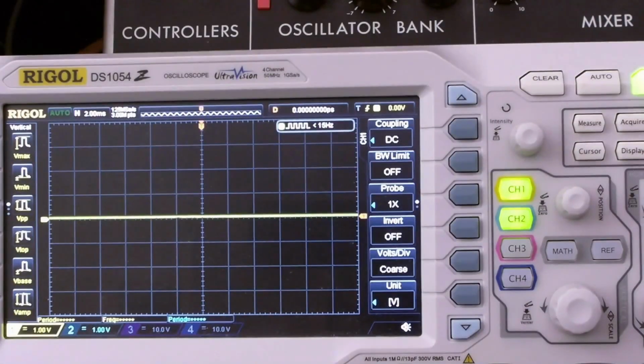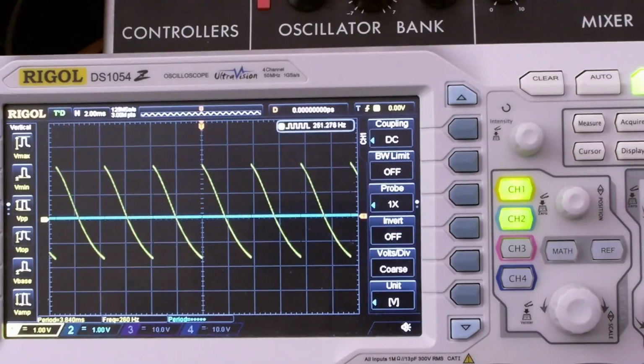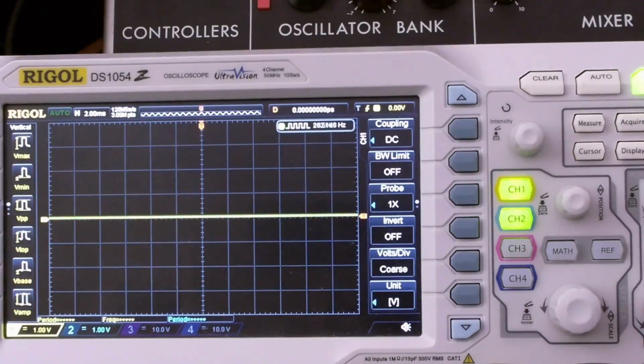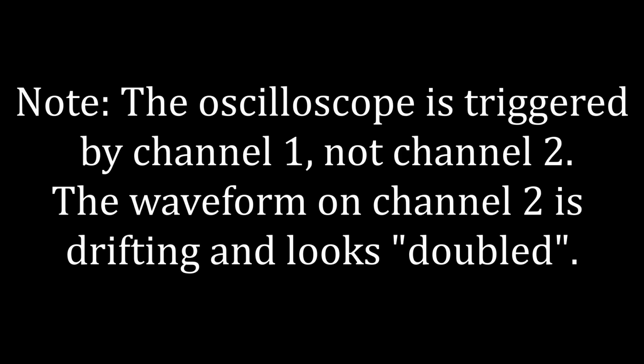Here is the Minimoog output shown on the oscilloscope. Here's the System 55 output shown on the oscilloscope.